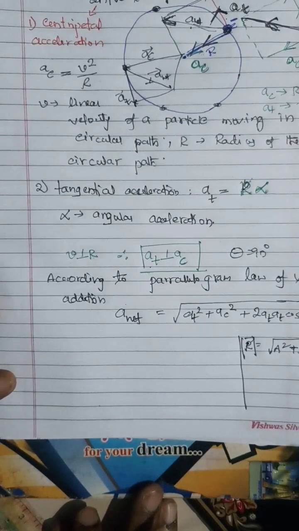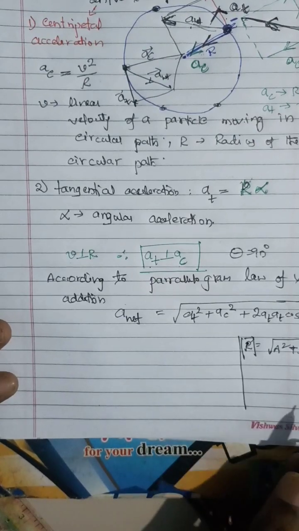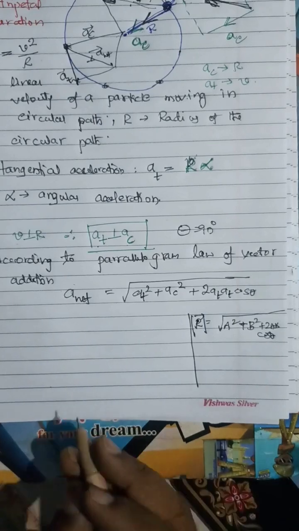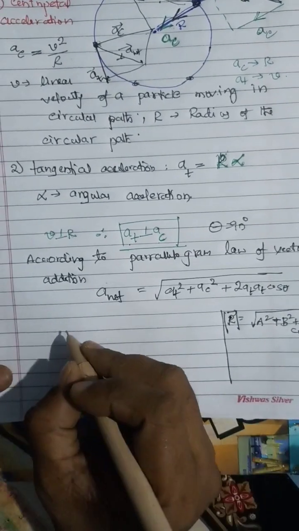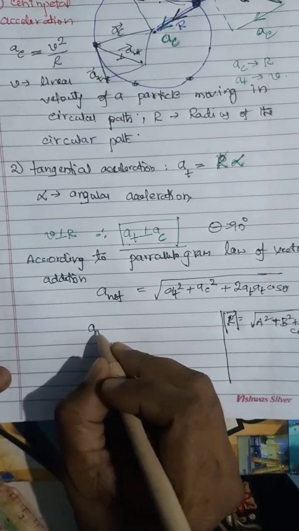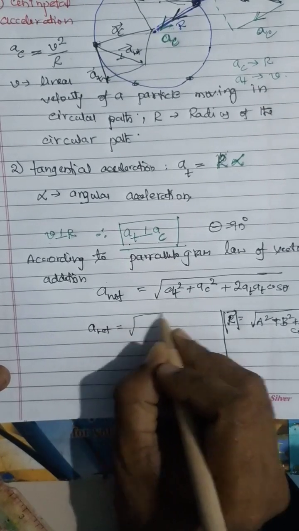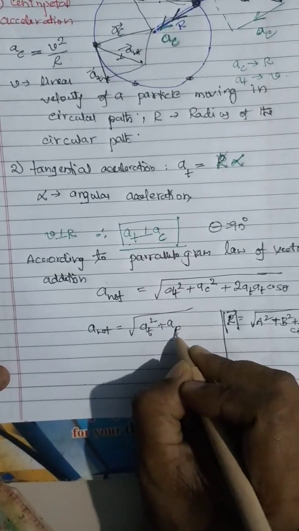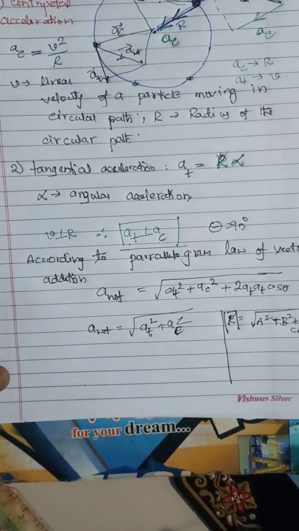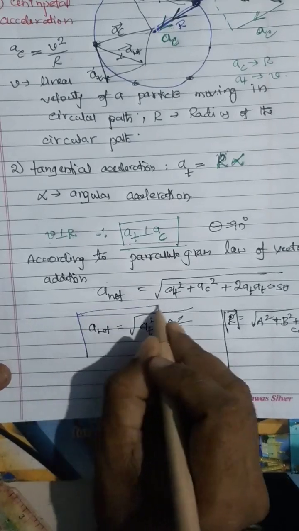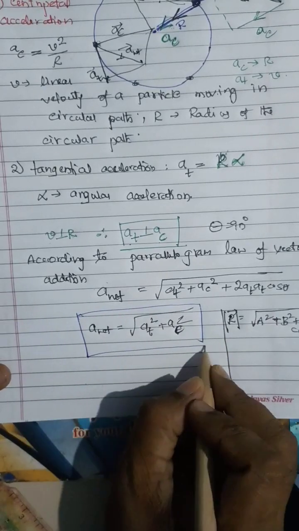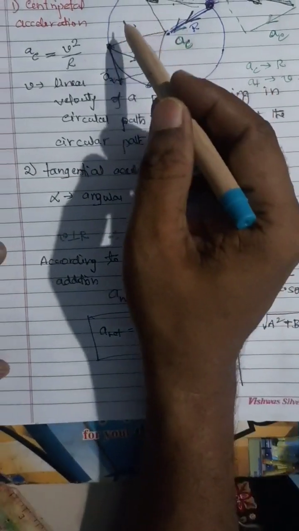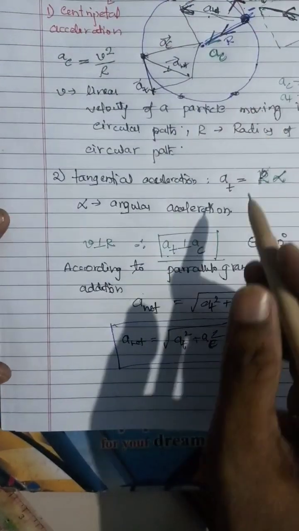Now you can easily understand this. Since theta is 90 degrees, net acceleration is always given by the square root of the square of tangential acceleration plus the square of centripetal acceleration. This is one of the very important shortcut formulas to find the net acceleration of a particle at any point on the circular path.